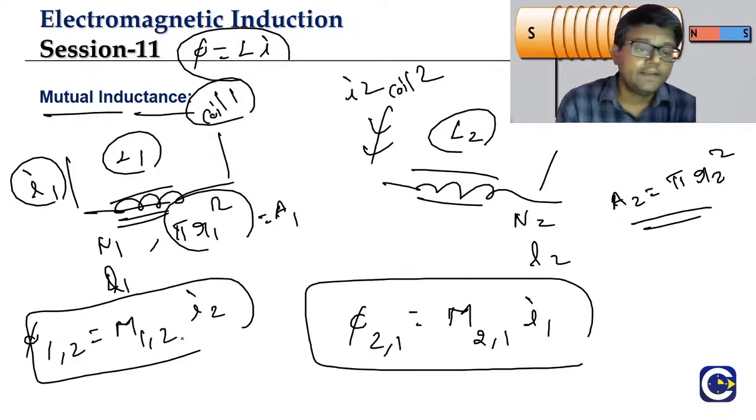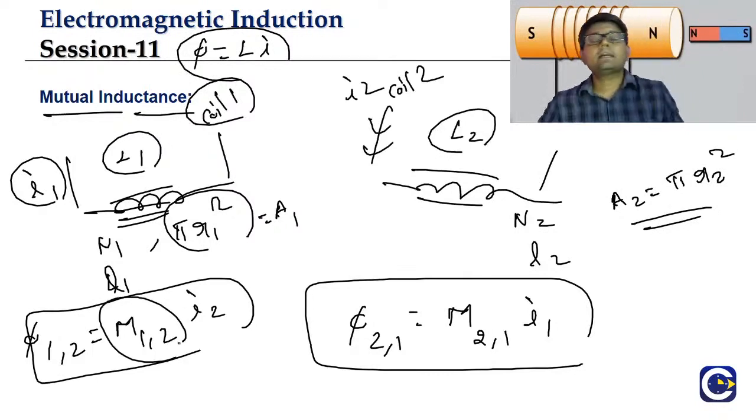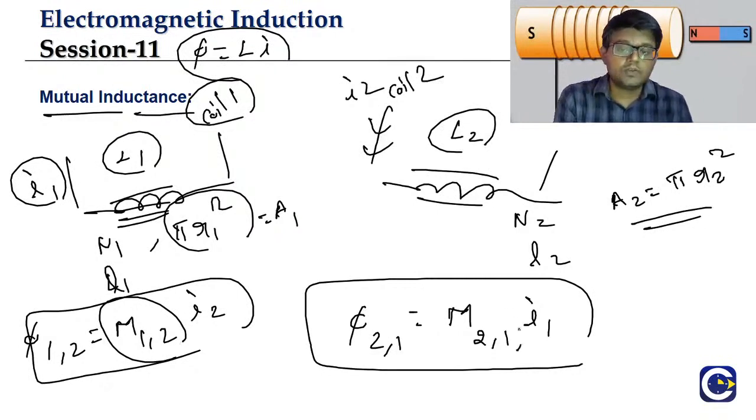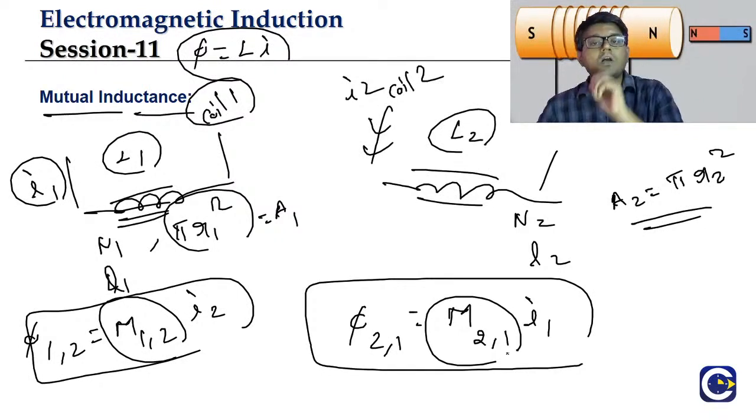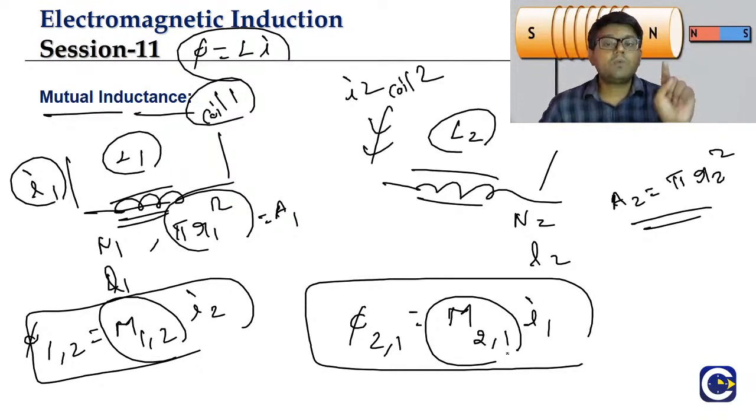So in this, we are talking about the mutual inductance of coil 1 because of coil 2 current. Also we are talking about the mutual inductance of coil 2 because of coil 1 current. While we go through this discussion, we will see the relation between these two terms, M2,1 and M1,2.